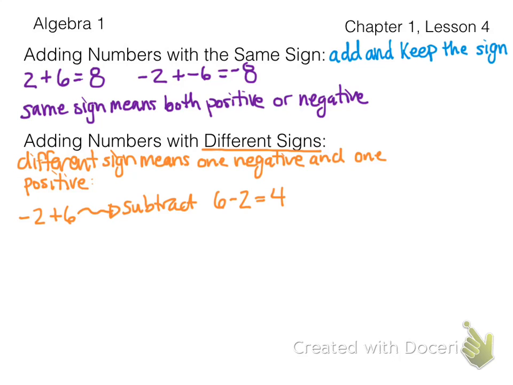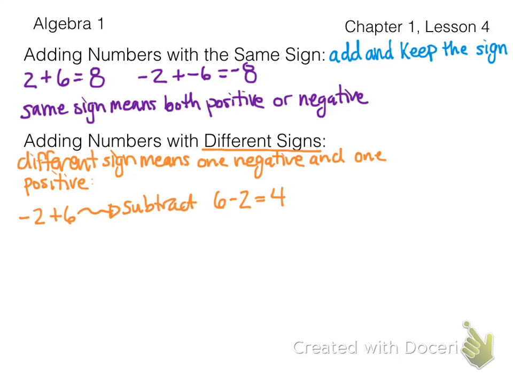So it would actually be 6 minus 2, which is 4. Even though it says we're adding, because we're adding two numbers that are on opposite sides of 0, we handle the problem as if it was subtraction. That's why I did 6 minus 2.